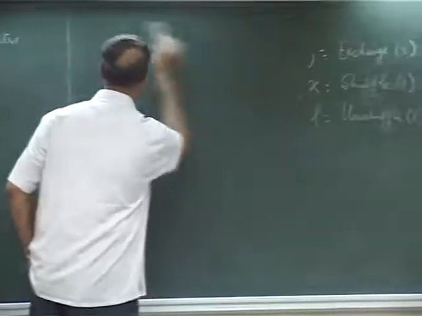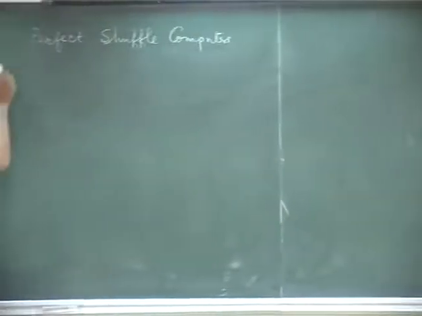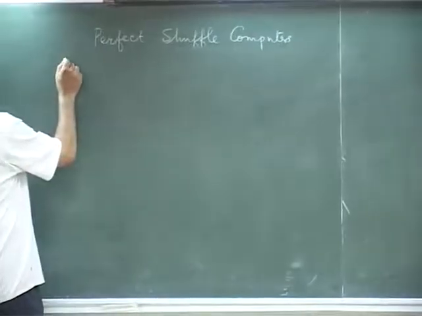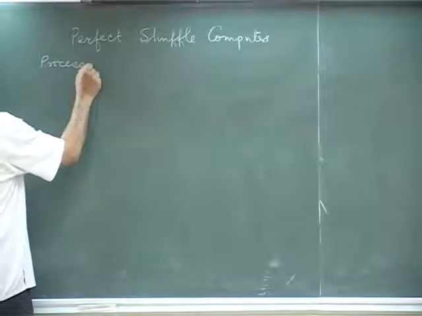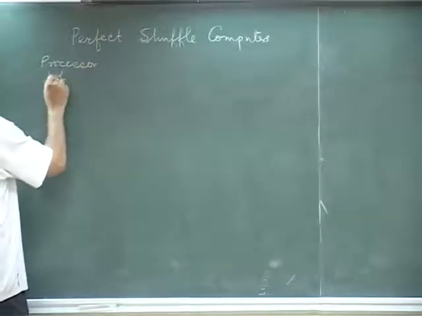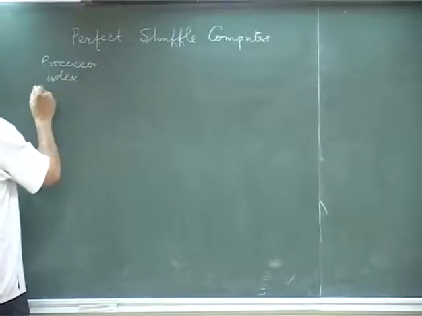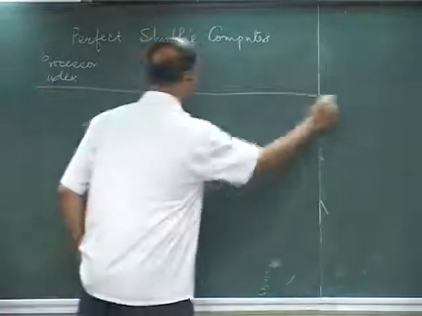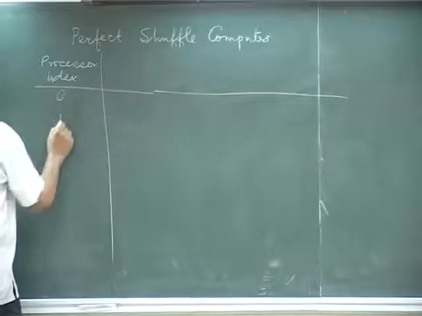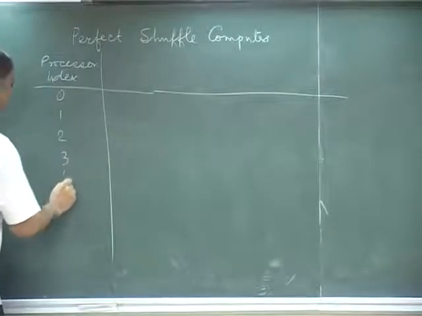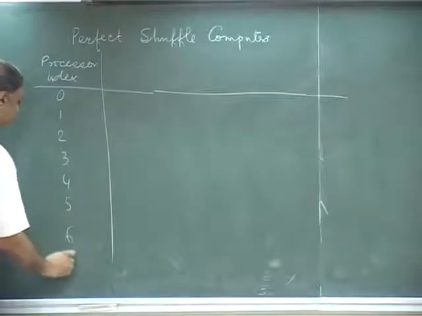N equals 8, and let us see how it looks. So you have P0, say processor index 0, 1, 2, 3, 4, 5, 6, 7.